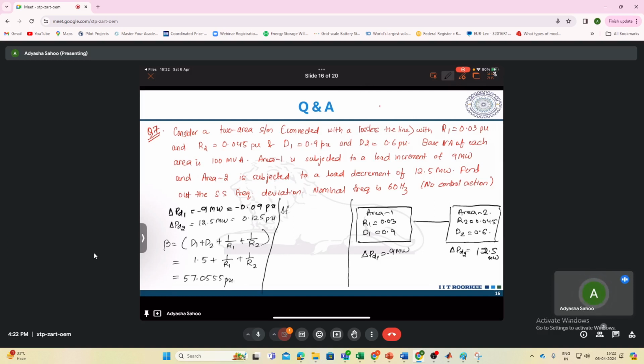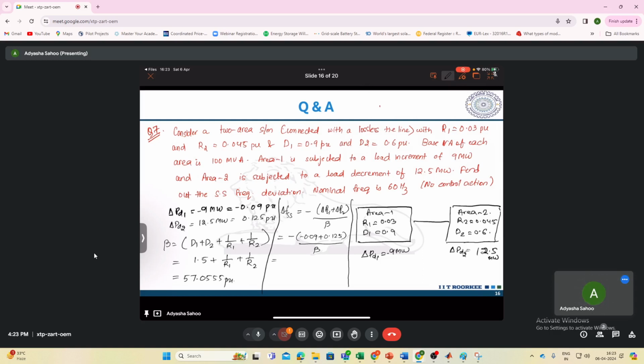Now steady state frequency deviation is minus delta PL by beta. So that is minus of 0.09, 0.125 divided by beta.